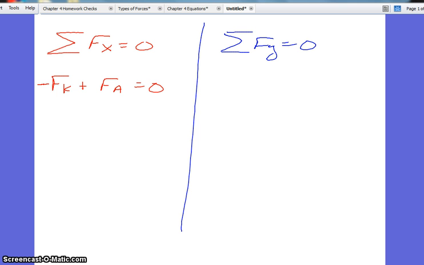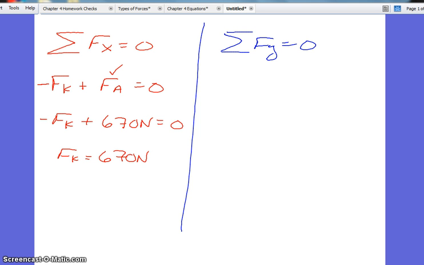The applied force was to the right, so that is positive. Now we do know the applied force, and the applied force is 670 newtons. Solving for the friction, we get the friction to be also 670 newtons. Remember, they balance each other out.